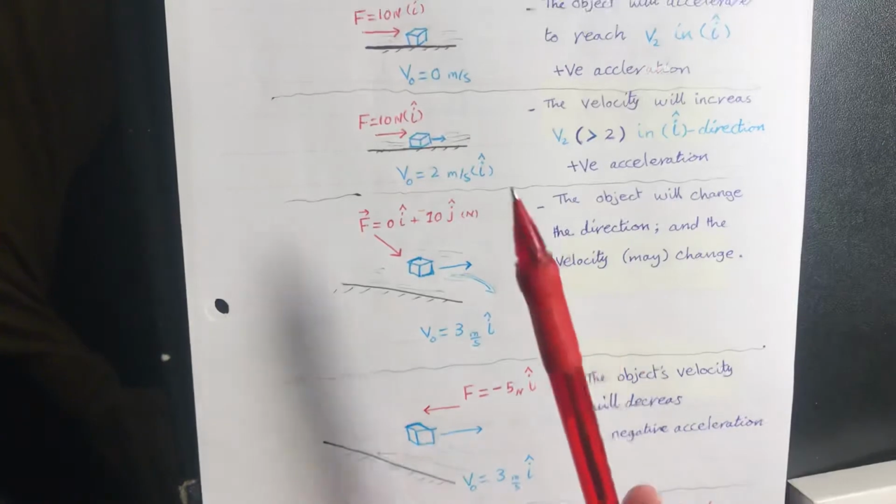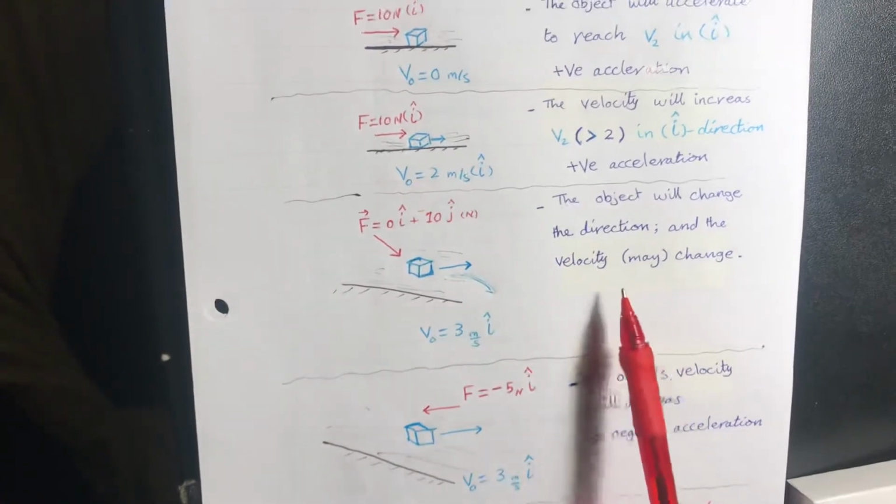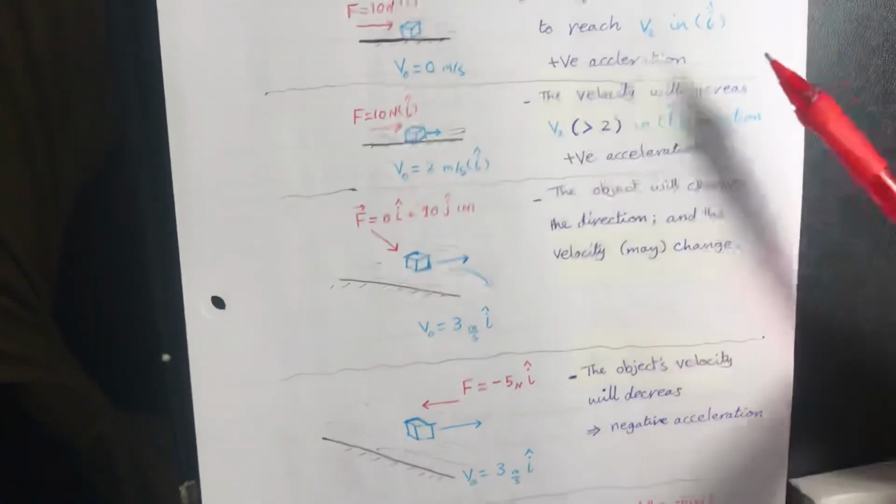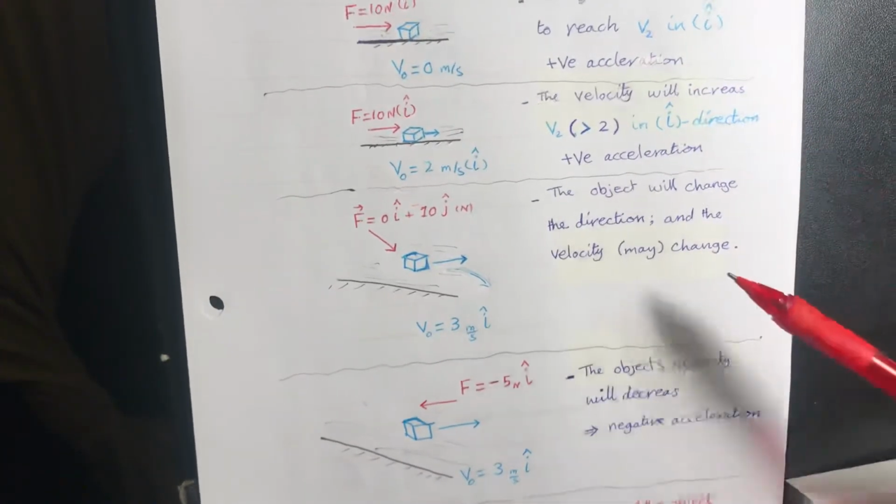The effect of the force will be a change in the direction of the moving body. So we have a change in velocity, and we have a change in direction.